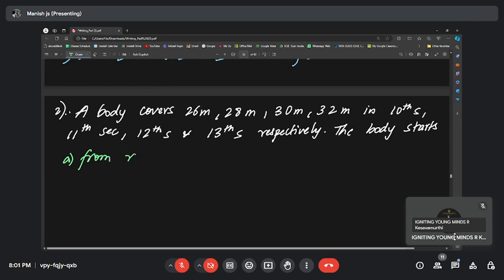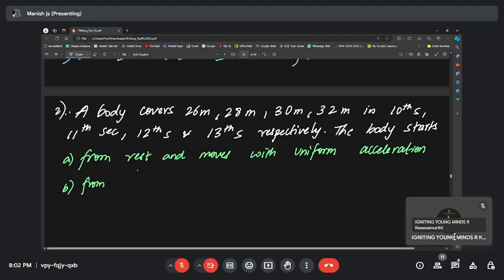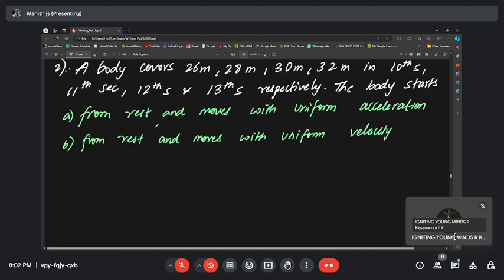Second option, B: the body starts from rest and moves with uniform velocity this time.